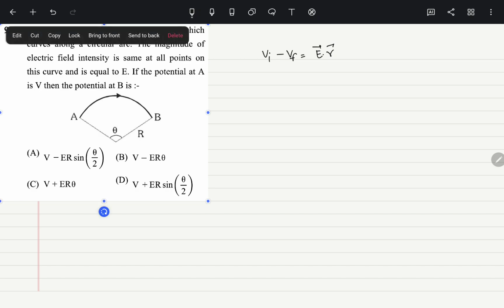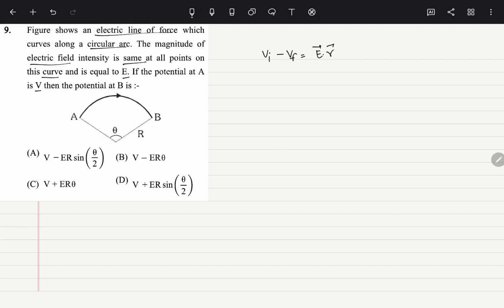So from A to B, I'll move from A to B now. So VA minus VB is equal to, electric field is constant, E only, and the displacement AB. So how can we find AB?